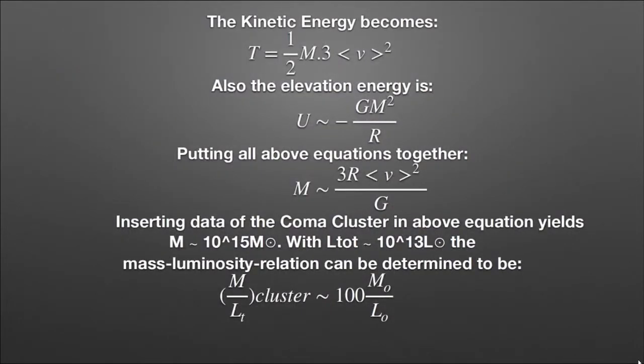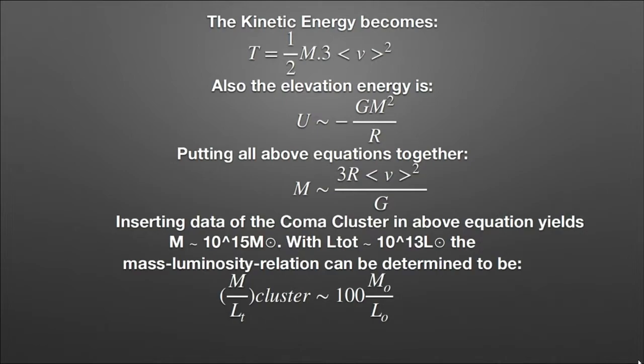Now what he did was take the total kinetic energy as half M times v squared, where v is the average velocity, and the potential energy as minus GM squared by R. When we put all these values in, we can get an estimate of the mass of a cluster of galaxies.